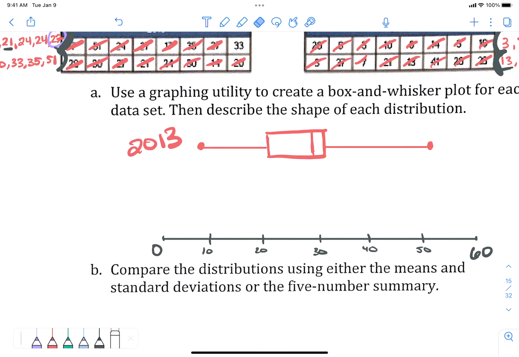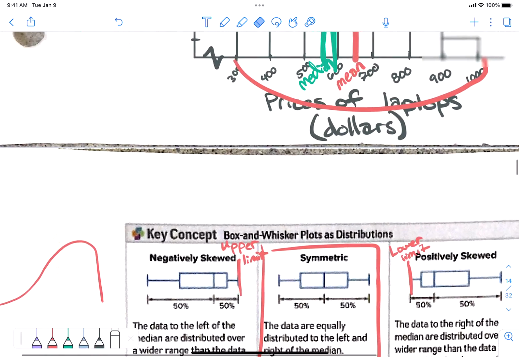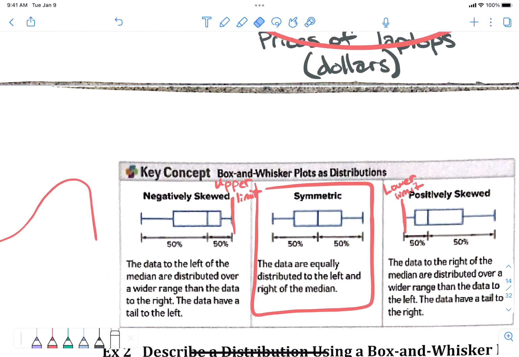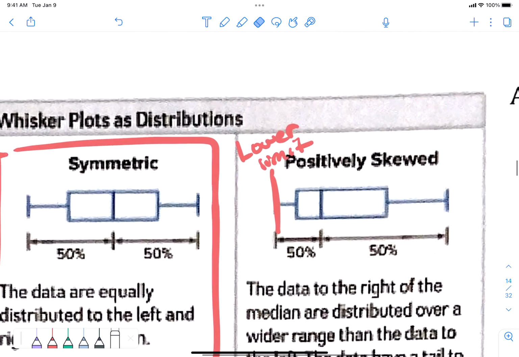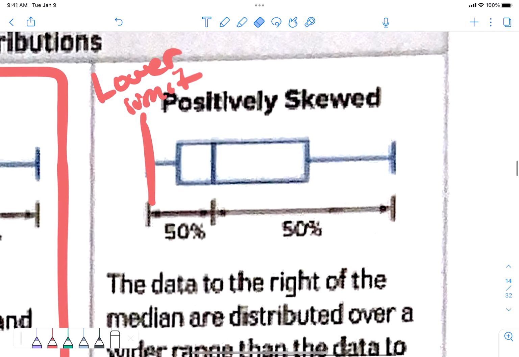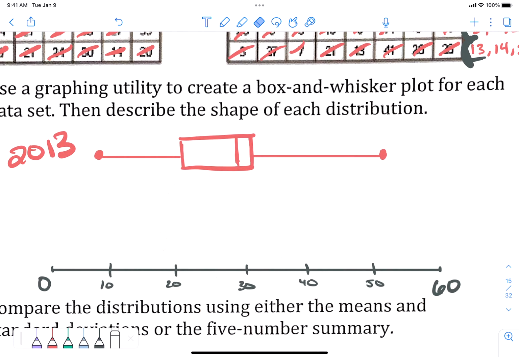Maybe positively skewed, except this bar right here is on this side, which is weird because it's not getting pushed toward the left, you know? So this one I would say is not really, I don't know. We're going to compare them differently in this section.